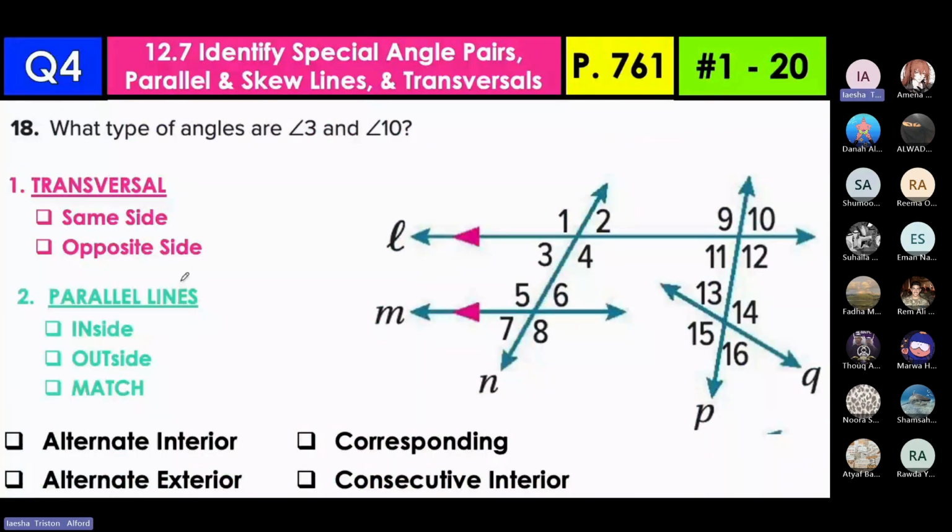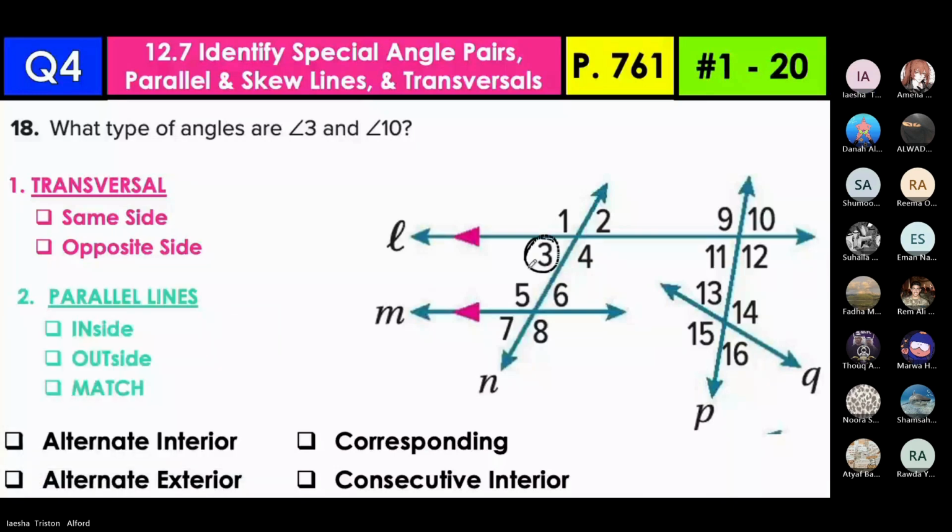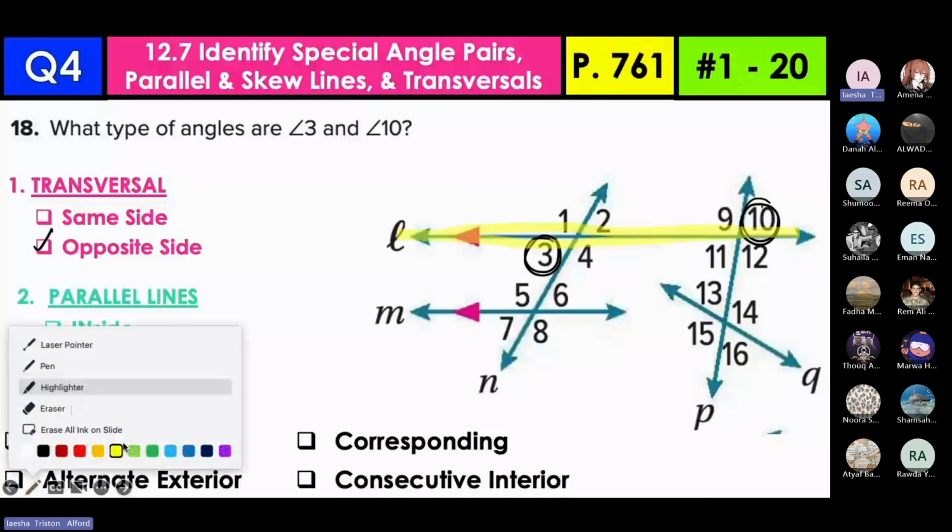Okay, number 18, it says what type of angles are 3 and 10. So here is 3, here is 10. So they're on the opposite side of the transversal. Which one is the transversal? Going to be line L. What's going to be my parallel?